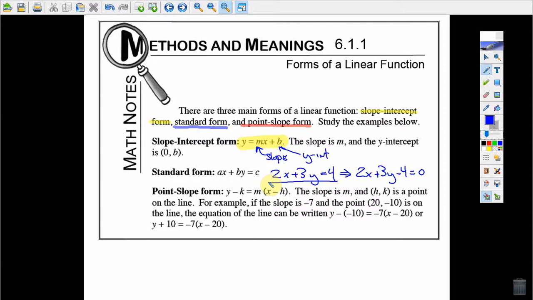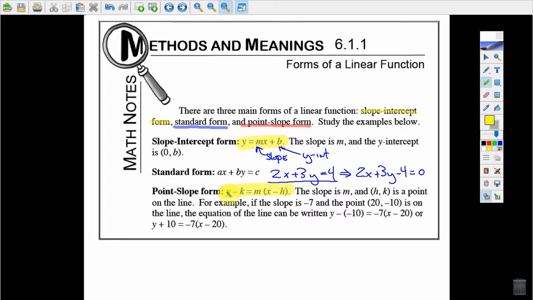All right, point-slope form is y minus k equals m times x minus h, which sounds confusing, but it's really not that bad once you get used to it. So the slope is m, and h and k is a point on the line, any arbitrary point on the line.